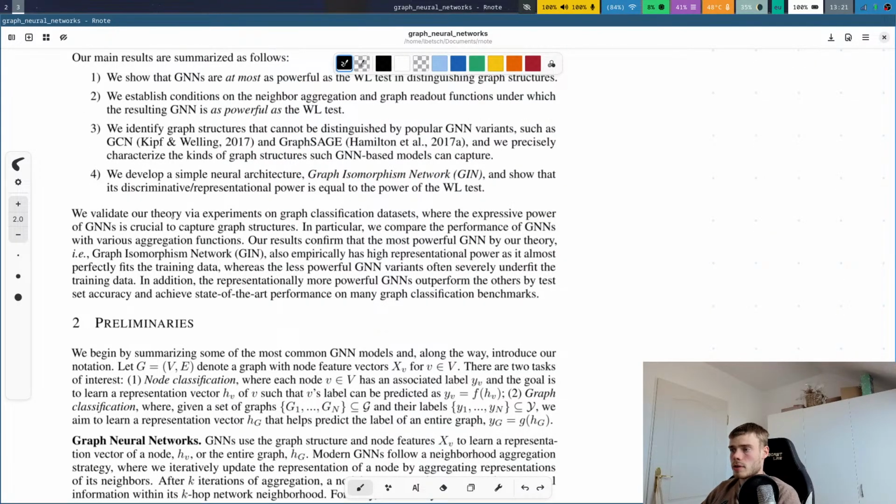We validate our theory via experiments on graph classification datasets where the expressive power of GNNs is crucial to capture graph structures. In particular, we compare the performance of GNNs with various aggregation functions.